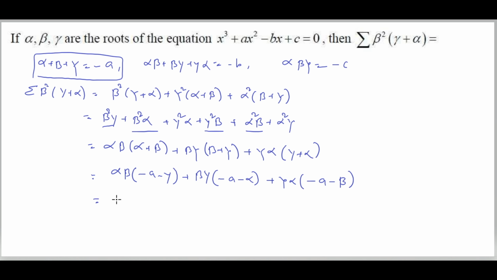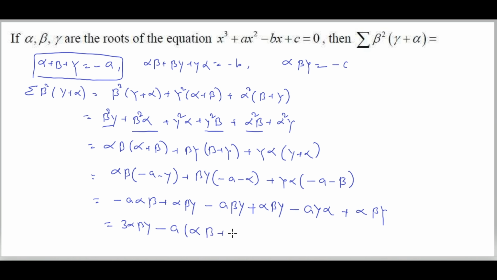So multiplying these, that is minus a alpha beta plus alpha beta gamma, minus a beta gamma plus alpha beta gamma, minus a gamma alpha plus alpha beta gamma. Here we have alpha beta gamma three times, that is 3 alpha beta gamma, minus a common, that is alpha beta plus beta gamma plus gamma alpha, that is equal to 3 into alpha beta gamma, whose value is minus c.